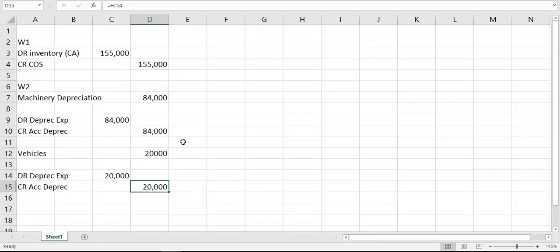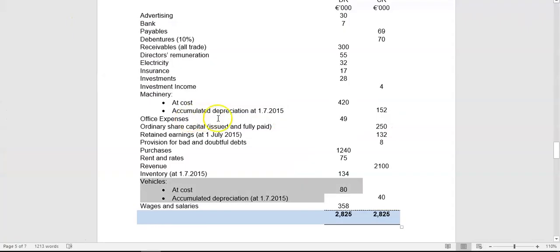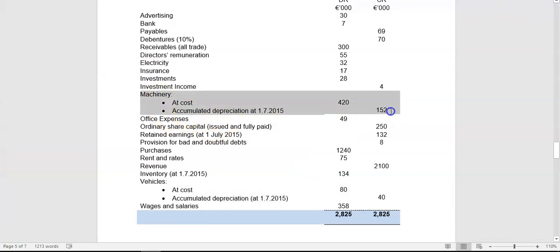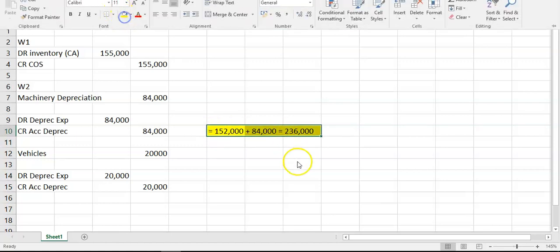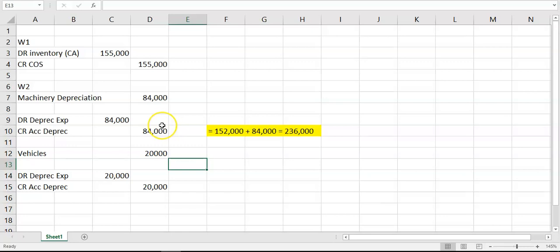What I would advise students, sometimes they can make mistakes and forget that accumulated depreciation is an addition to the opening balance. The opening balance here is 152, so accumulated depreciation is now 152 plus 84, which is 236. That 236 is what's going to go into the statement of financial position. I'm just highlighting to make sure you don't just put in the 84.